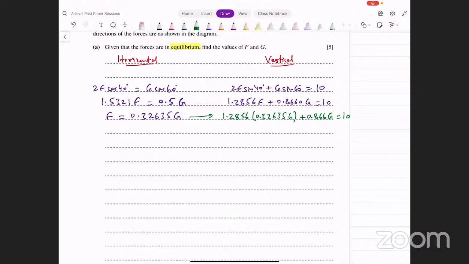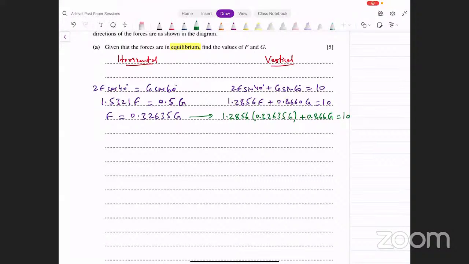2 into F into cos 40. That's fine. 1.5321. That is correct. Cos 60 is 0.5. That's also correct. Okay. 0.5 divided by 1.5321, that is giving me 0.32635.